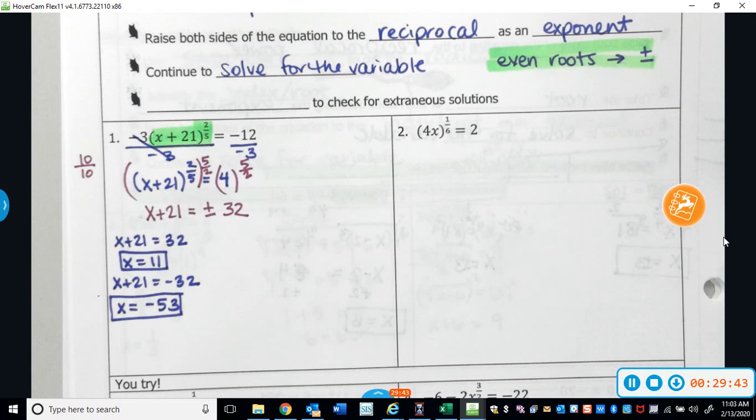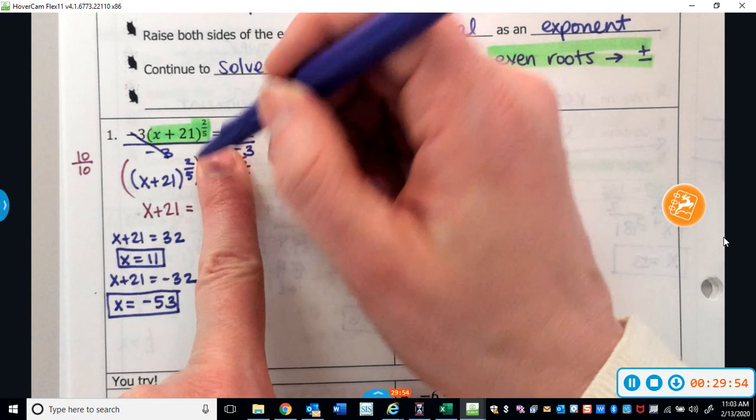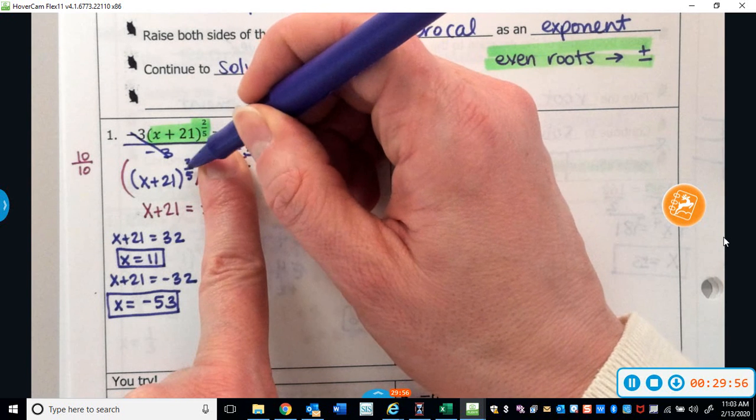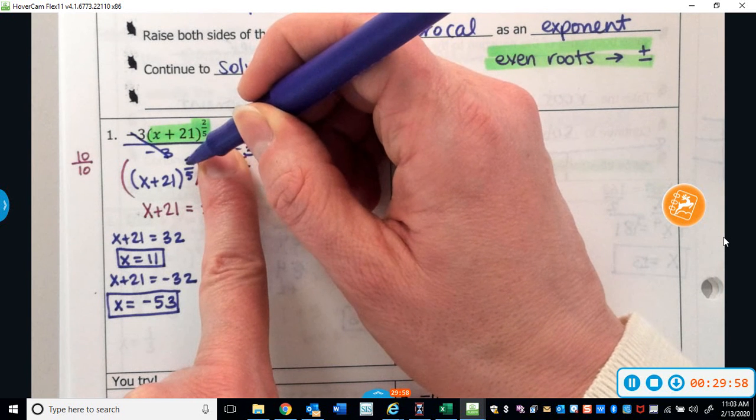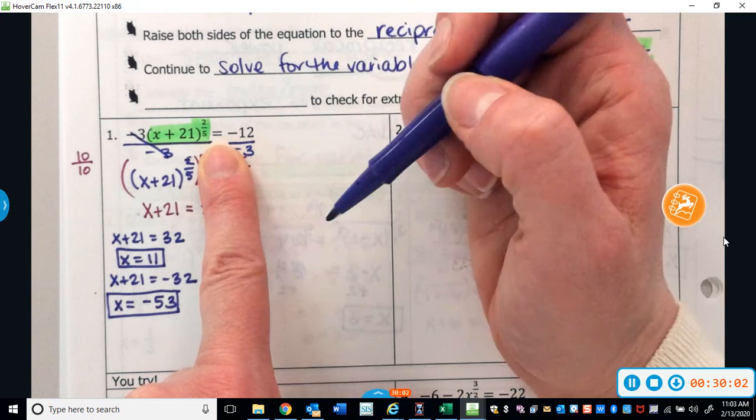Yeah, I don't understand how you got rid of the power of 5. So here? Yeah. Okay. So to undo this exponent of 2, squaring something, the opposite of that would be doing the square root of, right? Does that make sense? Yeah. Okay.